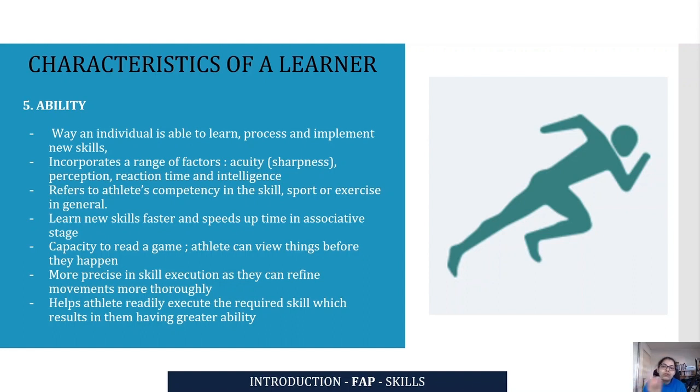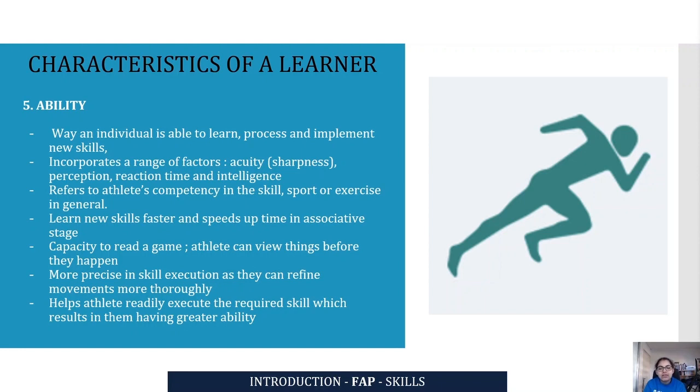This is where you're referring to an athlete's general competence in the skill, sport, or exercise in general. Someone who is competent in the sport, who's able to pick things up fast, who's perceptive, may be able to learn new skills faster and speed up reaching the associative level of learning. Now, capacity to read a game.